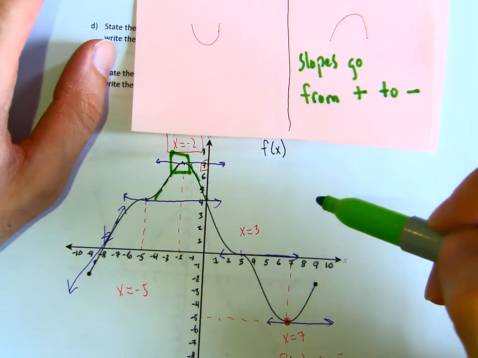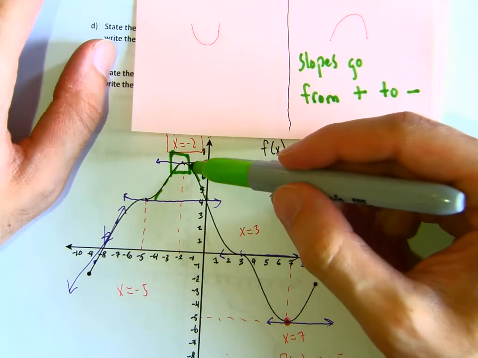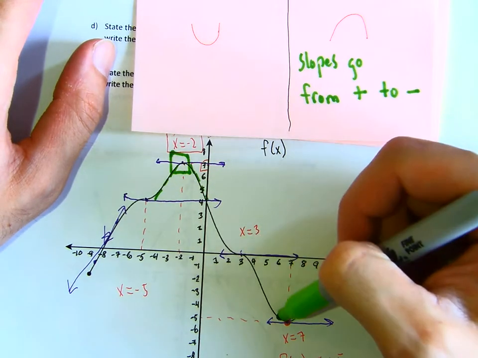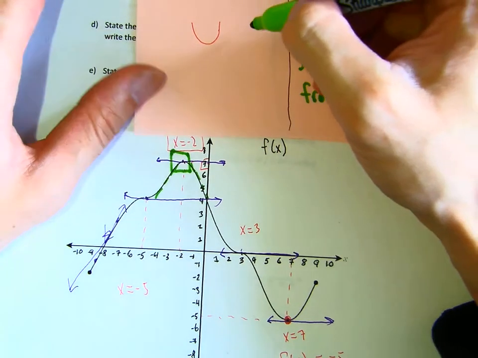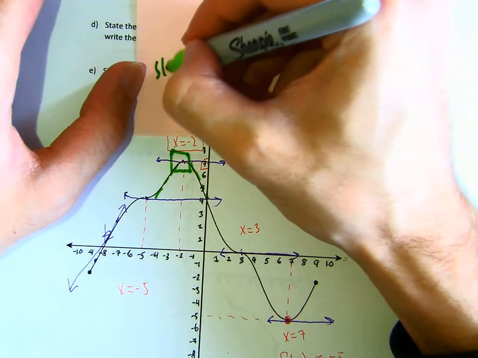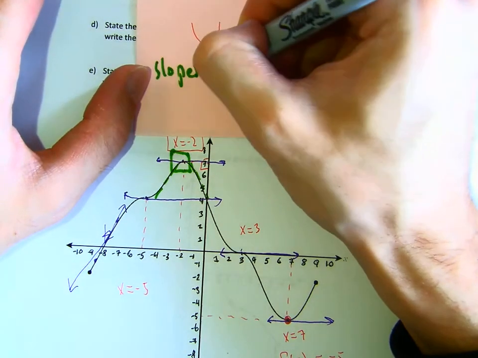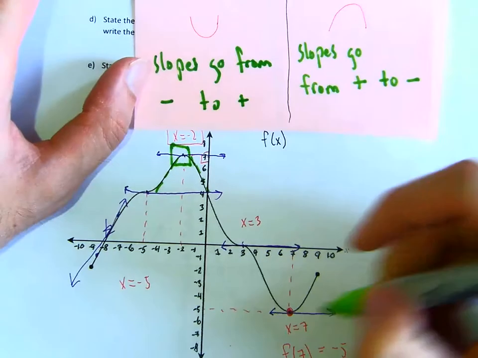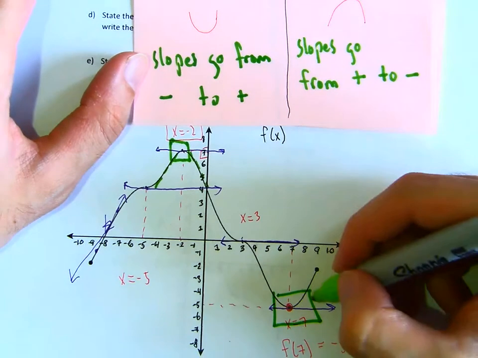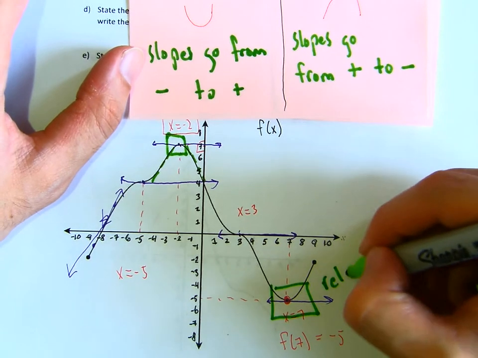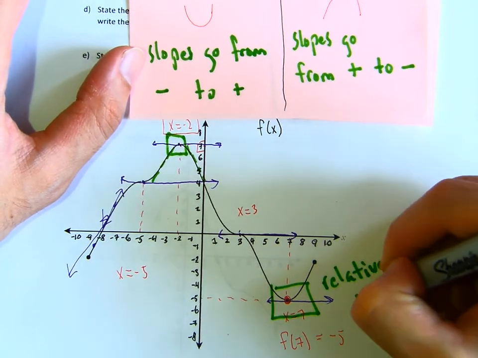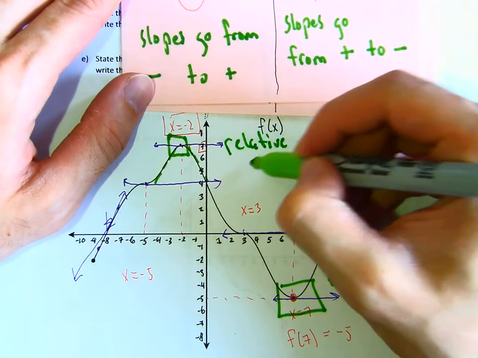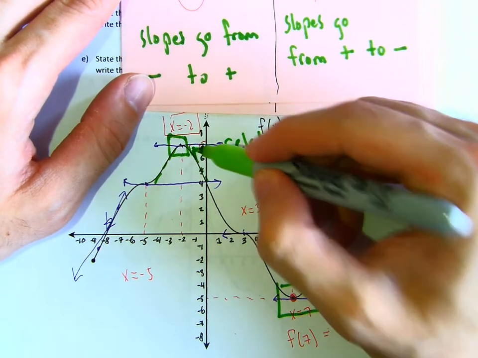And here the slopes go from negative, zero, negative. Now, where does a min occur? When the slopes go from negative to positive. So this would be a relative min over here, and this would be a relative max over here.